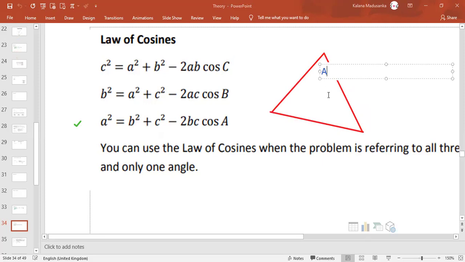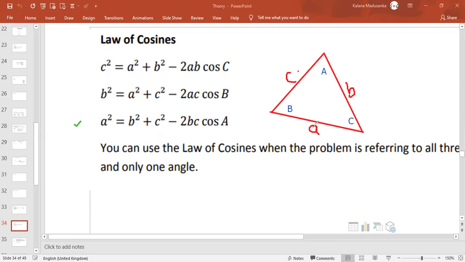Here we have the capital A, capital B, capital C. Sometimes in several questions the equation might be the other way, and the length is sometimes capital A. It doesn't matter actually. So this is going to be simple a, simple b, and simple c.